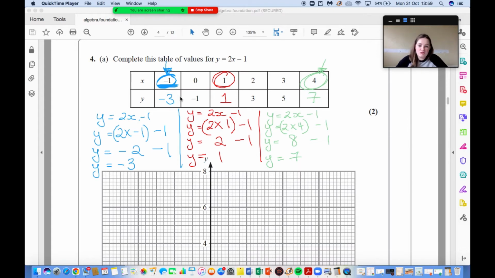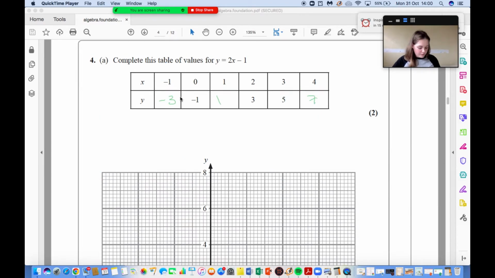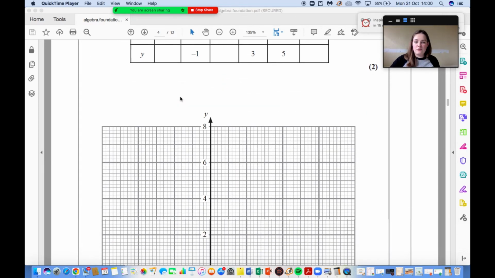So please pause the video at any point if you want to write all this down if you haven't done it yet. Do that. And then I'm just going to clear the screen quickly just so I can move down to pop in the actual coordinates on the grid. Right, so hopefully now you've written all that down and you've got your own coordinates.